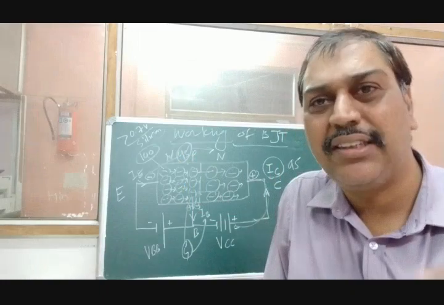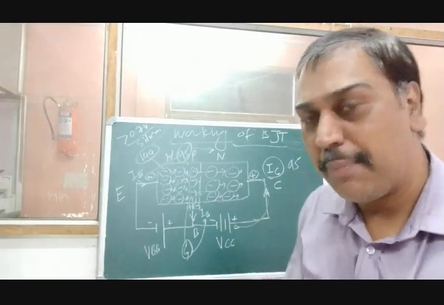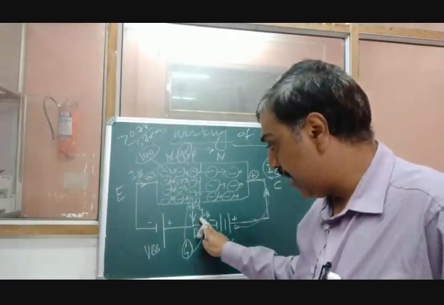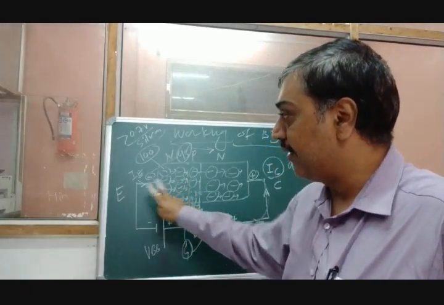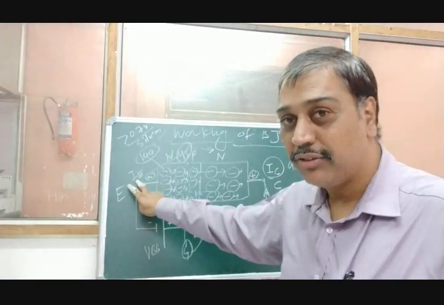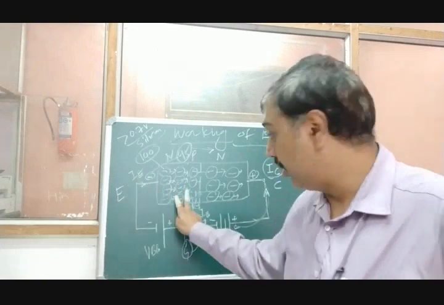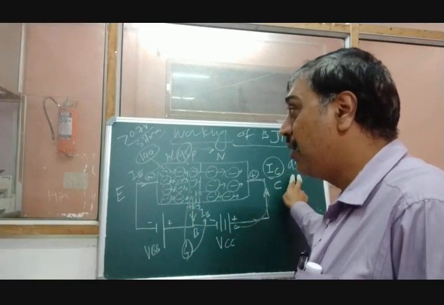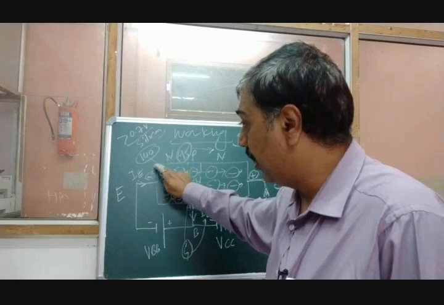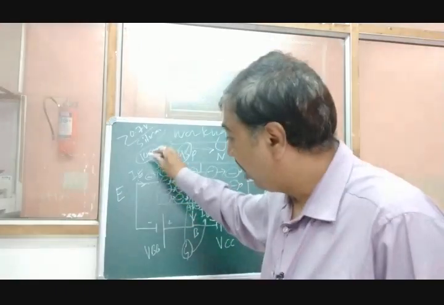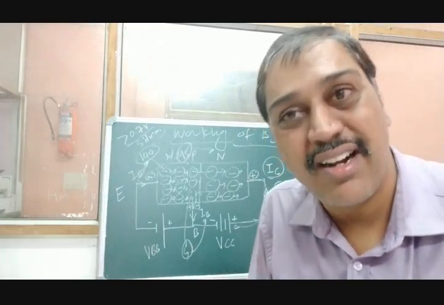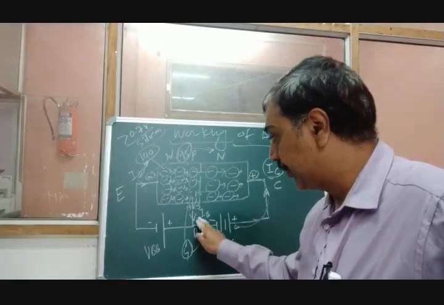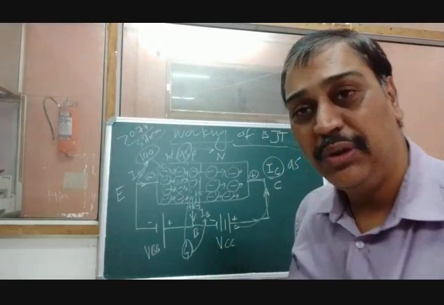This is one of the best concepts to remember. Out of 100, 5 get recombined to create the base current, and 95 go to the collector. But the total initial transfer of electrons is 100, so the emitter current is 100. Out of that, 5 go to the base and 95 go to the collector.